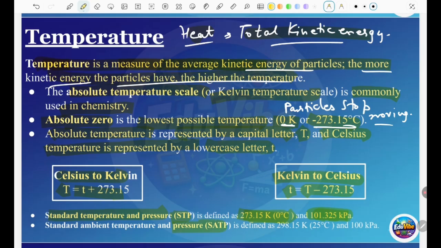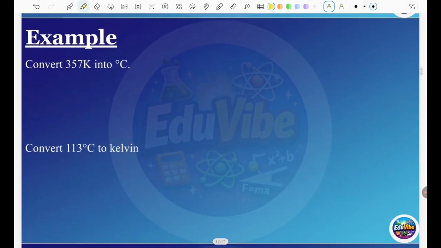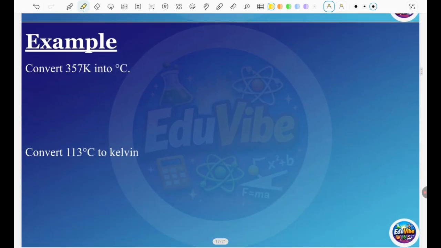If they mention SATP, the standard ambient temperature and pressure, you have to use 25 degrees Celsius for temperature and 100 kPa for pressure. I will tell you how to use this. It's all in your formula sheet, and you can memorize it if you want. These two formulas you must know, because we use them frequently in the upcoming lessons. Now we do two quick examples.